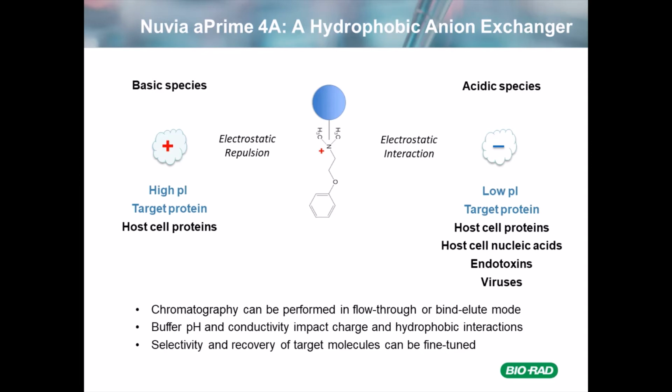Under neutral pH, we expect the high pI proteins are not going to be bound by the resin because of the electrostatic repulsion. On the other hand, the acidic species, such as low pI proteins, nucleic acids, endotoxins, and some viruses, will be bound by the Nuvia aPrime 4A resin.